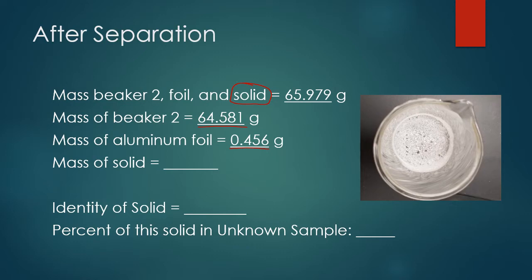By doing that, we are taking out beaker 2 and the foil and we'll be left with just the solid. So add the mass of beaker 2 and the mass of the foil together. That total is going to be subtracted from the 65.979 to get the mass of the solid that you want.